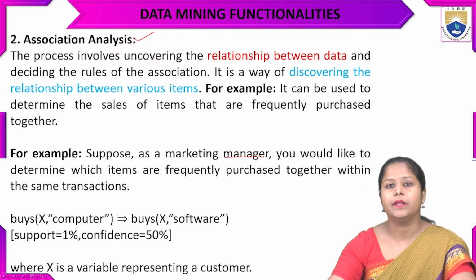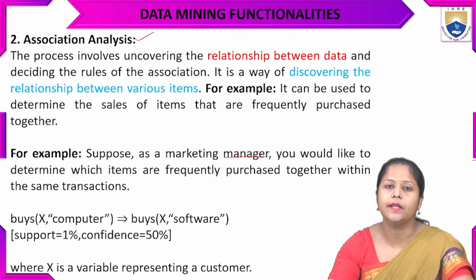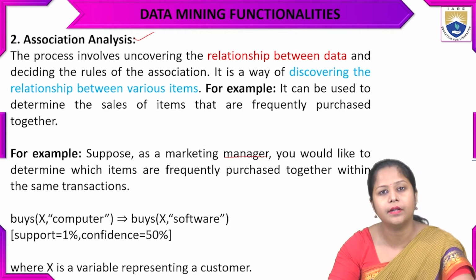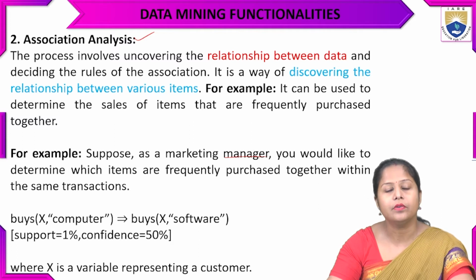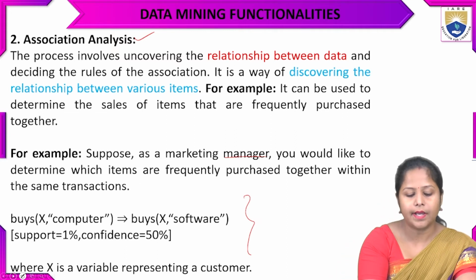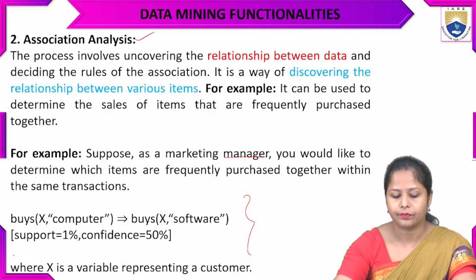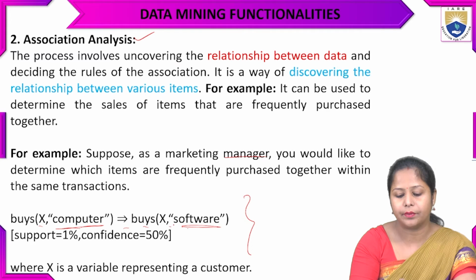The marketing manager has to find out which items go together while a customer is buying some items from the store. For example, the rule is written here: buys(x, "computer") depends on buys(x, "software").